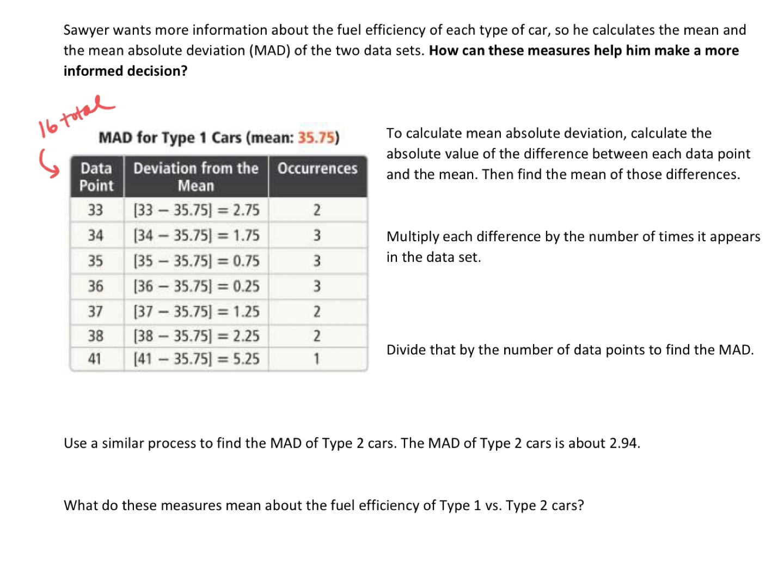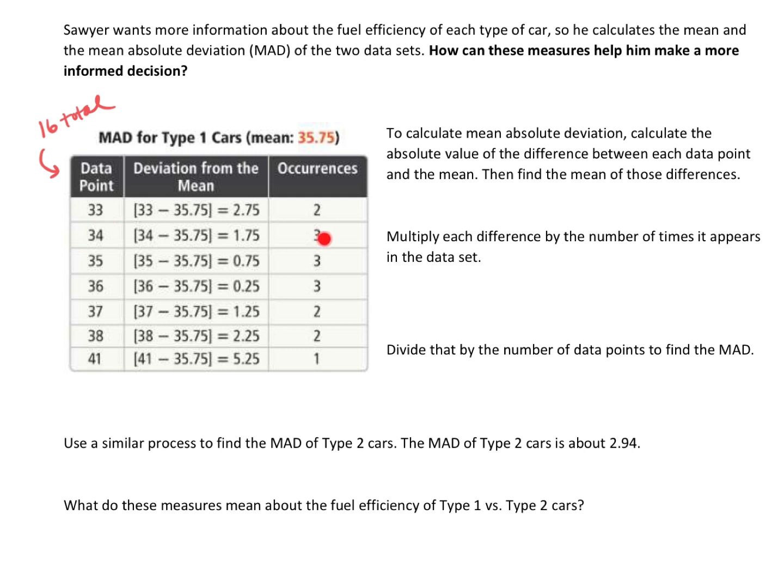So what you can do to be a little bit more efficient is you don't have to create your little table to calculate a MAD score or a MAD value. You don't have to write your repeats. So for example, for the data point of 33, over here it says occurrences, there were two 33s in your type 1 cars.